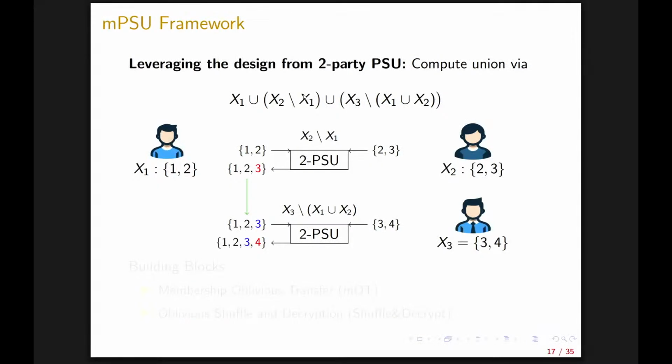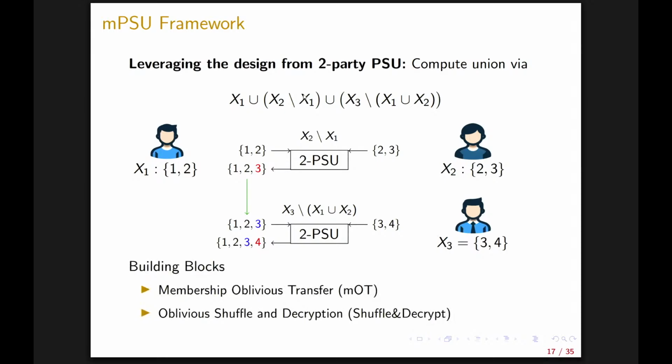And again, P1 can see when he received 3 and when he received 4. So how can we address this problem? We introduce 2 building blocks. The first one is oblivious membership transfer, and the second one, which is very interesting, is oblivious shuffle and decryption.